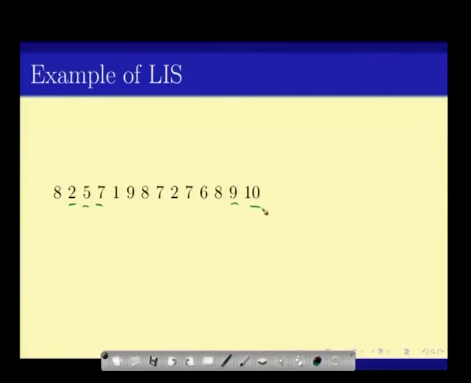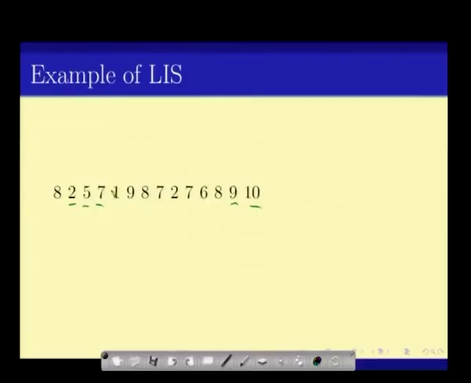Note that the earlier one had a length of 4, that means I had picked up 4 symbols. So, the subsequence length was 4. In this case, I have picked up 5 symbols and the subsequence length is 5. So, the goal is to find the longest increasing subsequence. Say in this case, the longest increasing subsequence is quite long.